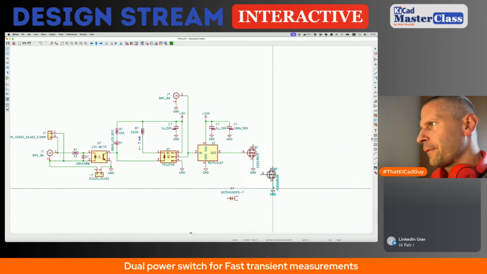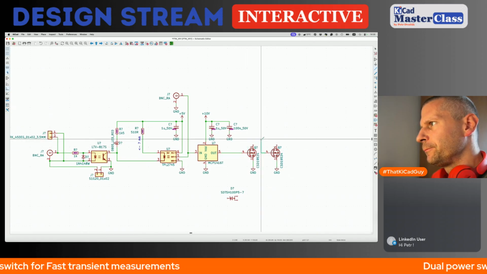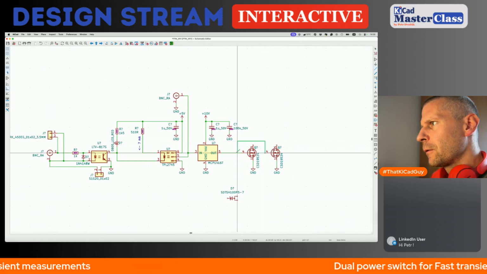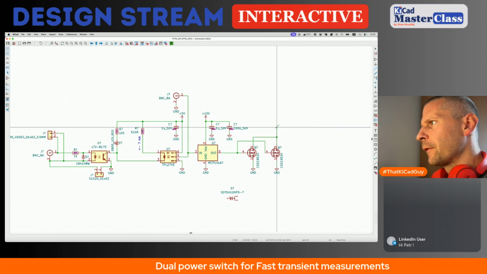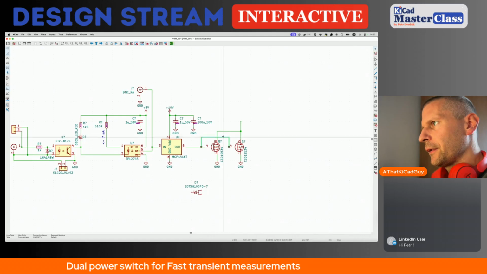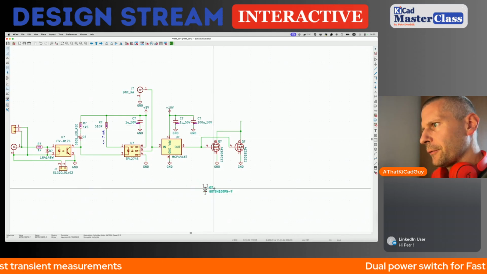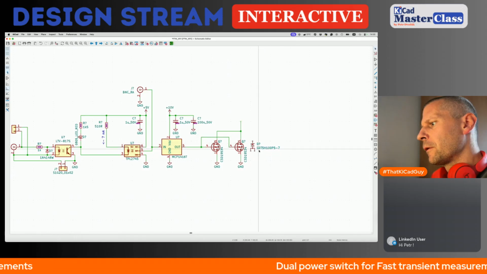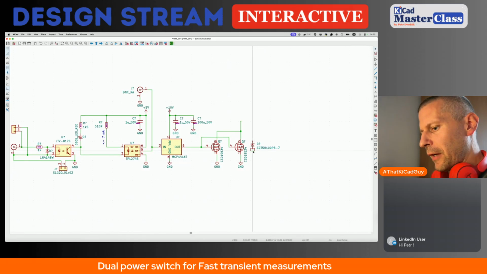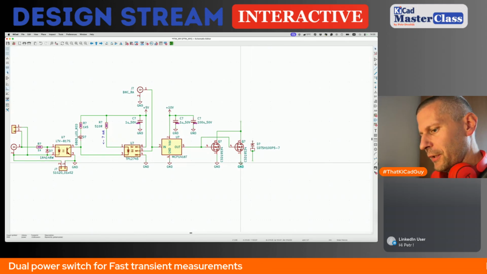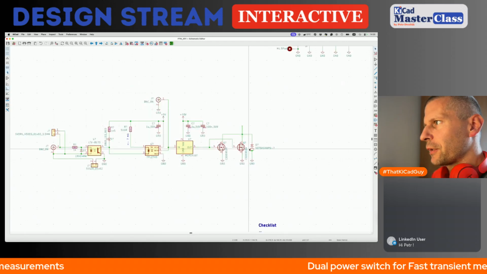And here I want to use double MOSFET, like this. Here will be the freewheeling diode protecting the drain of the MOSFETs for inductive loads.